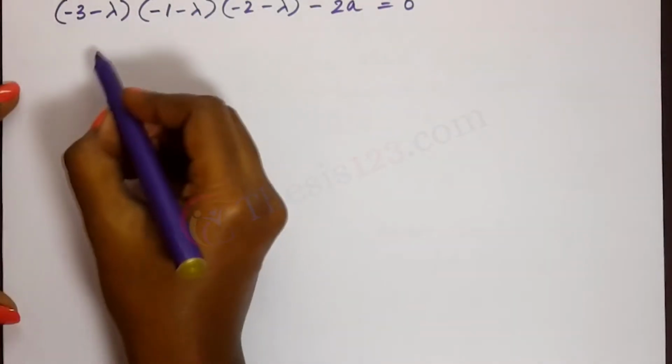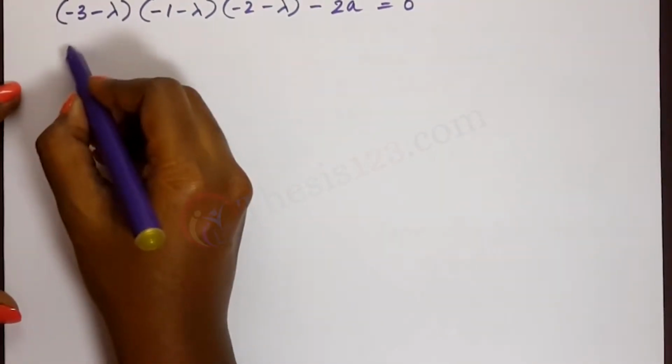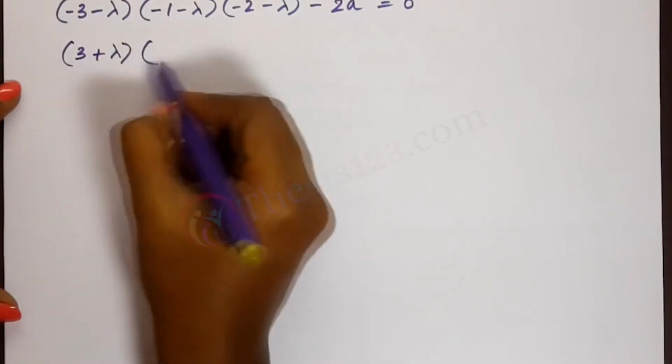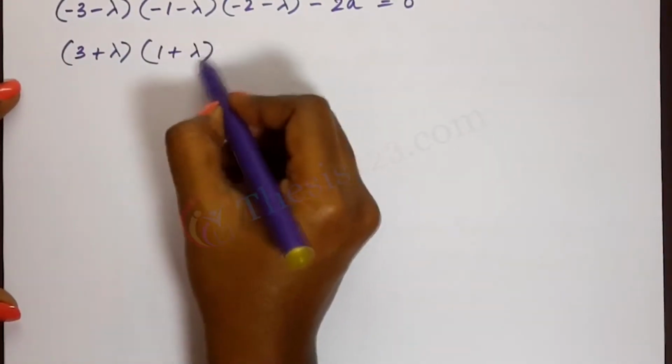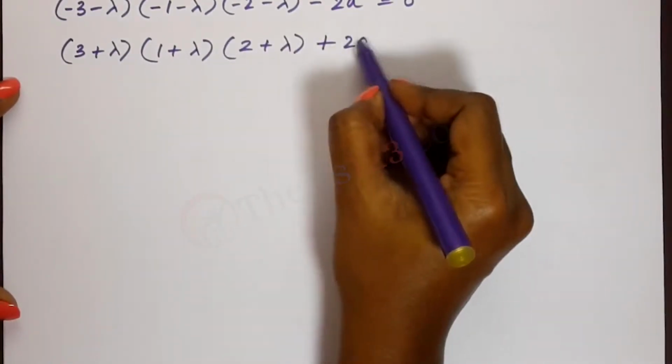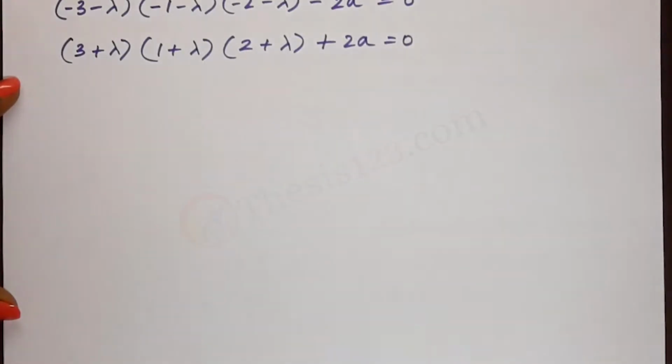Now let's take the negative signs out. We can resolve this further and write it as (3 plus lambda)(1 plus lambda)(2 plus lambda) plus 2A is equal to 0.